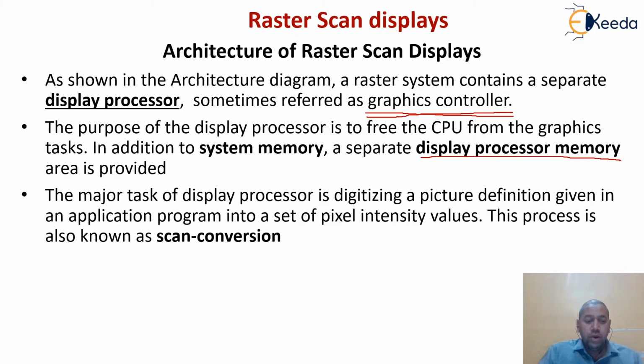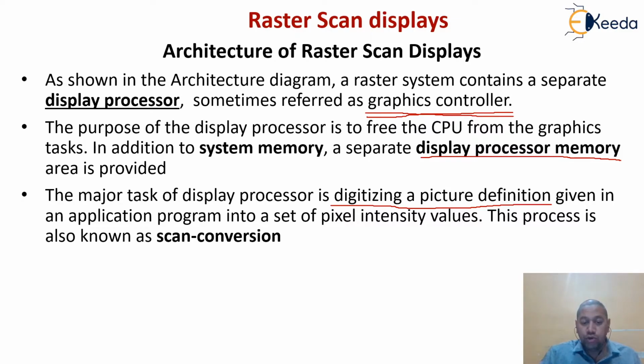Now, the major task of the display processor is digitizing a picture definition. It digitizes a picture definition given in an application program, that is, the graphics package or graphics application.